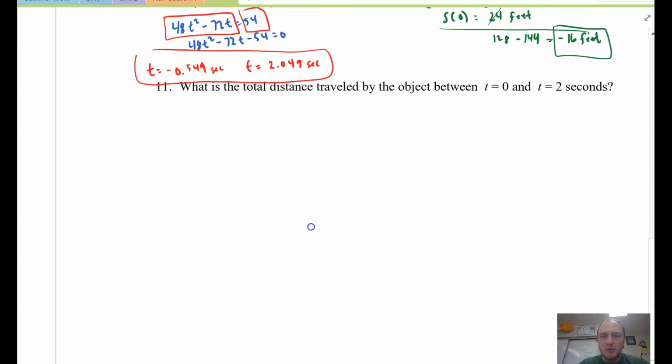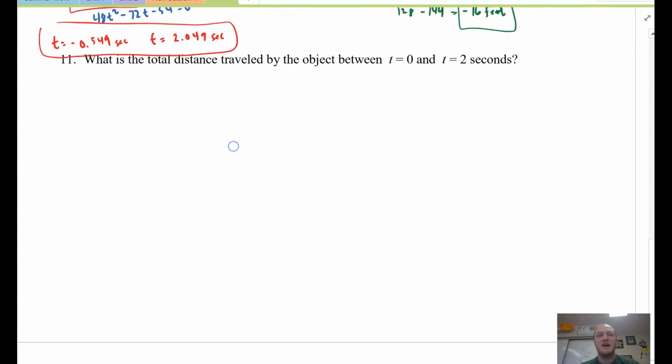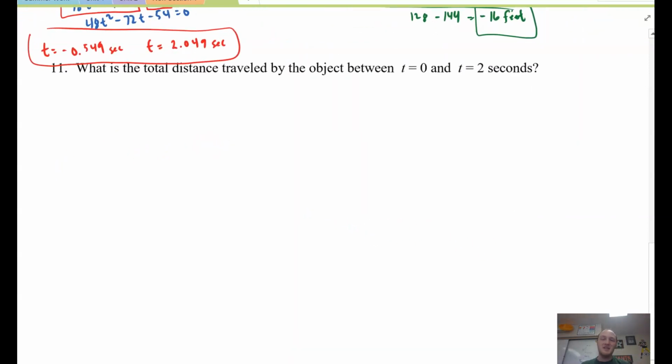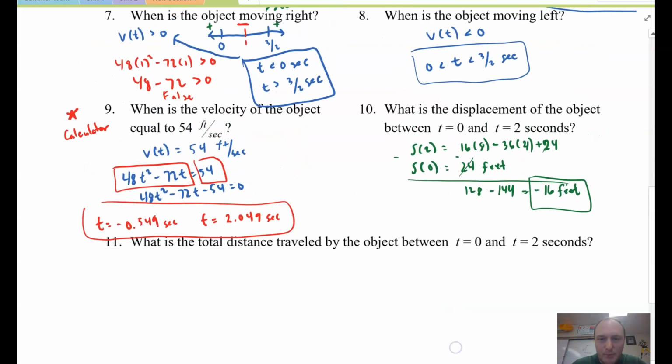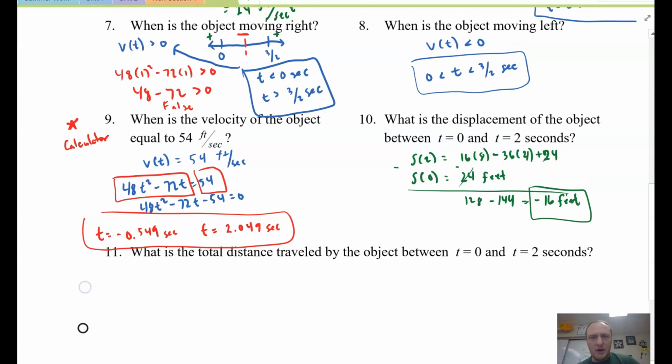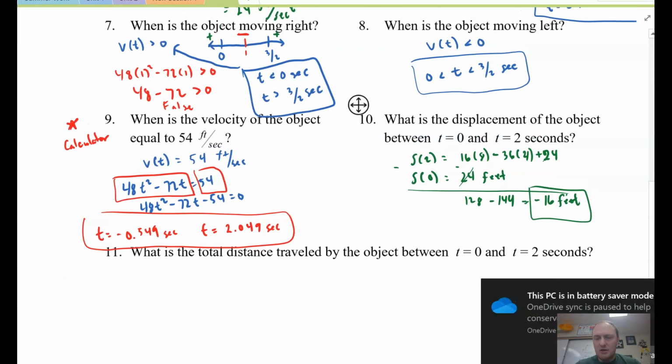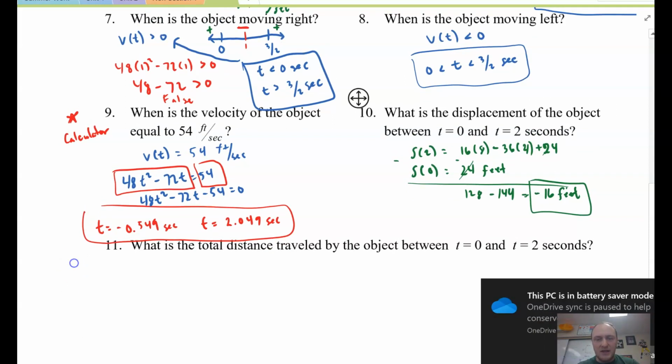All right, last one, number 11. What is the total distance traveled by the object between t equals 0 and t equals 2 seconds? And again, I'm going to draw you back up to number 7, and I want you to see that the object changes direction.